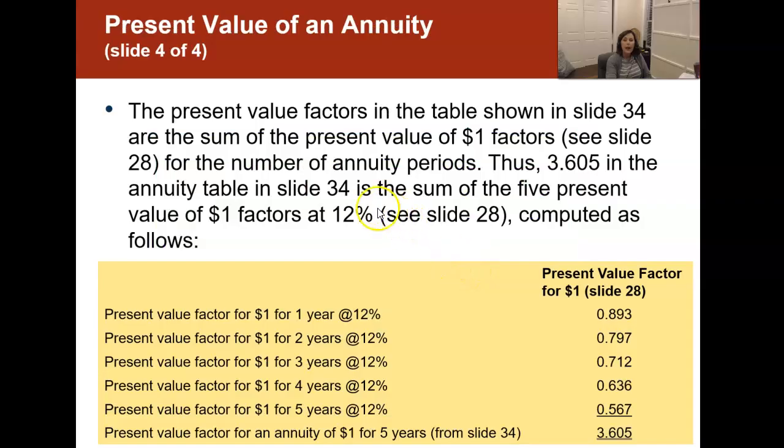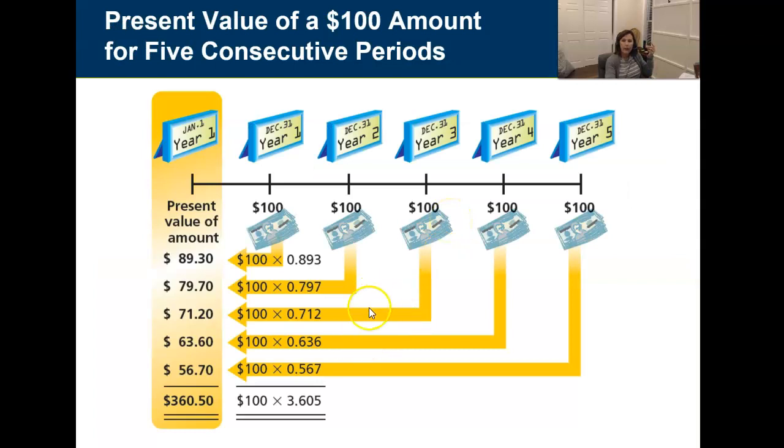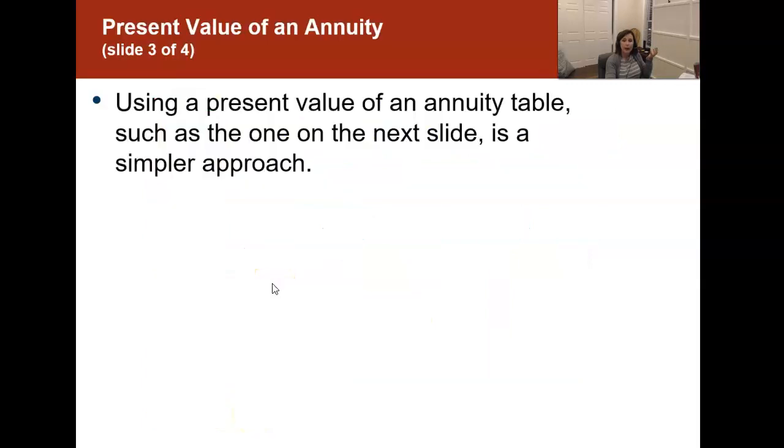3.605. Now what we would do is we'd multiply that 3.605 times the payment, and that would get us to the same $360.50 that we got to using the individual method.